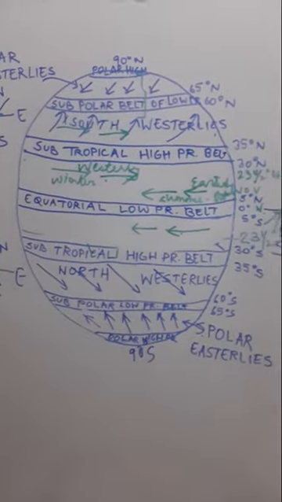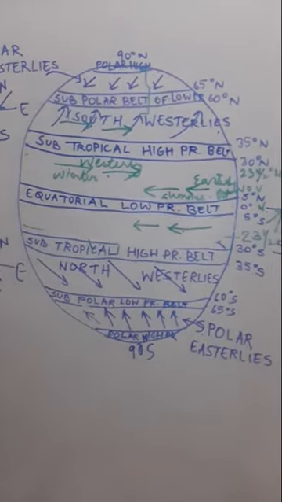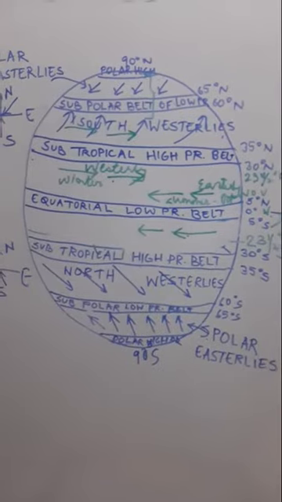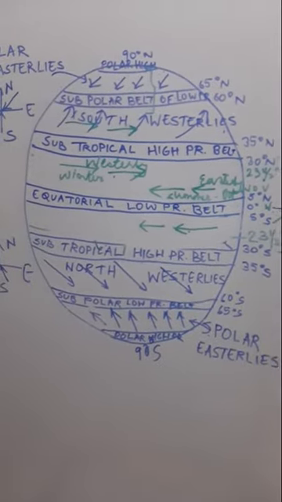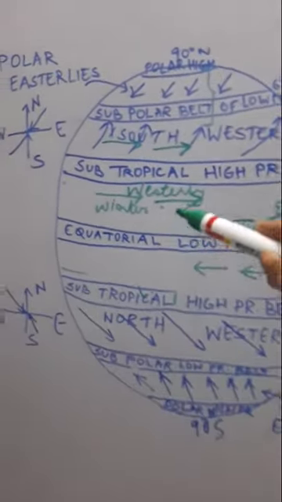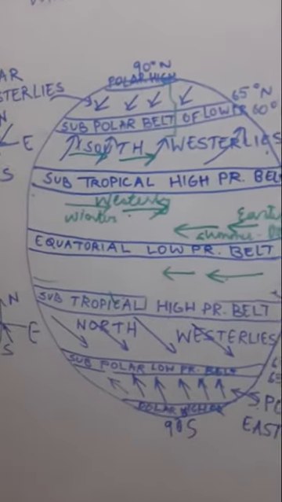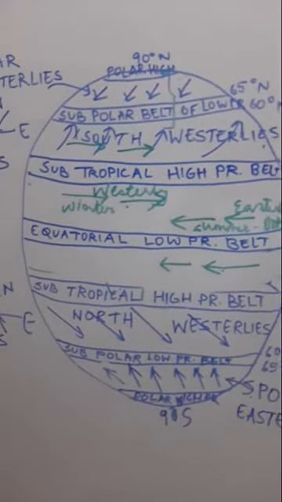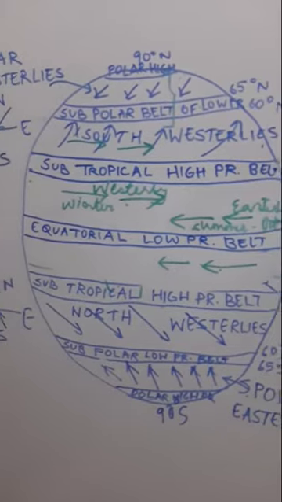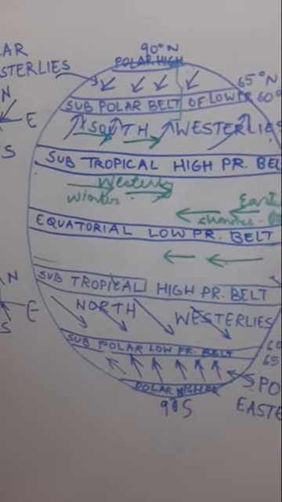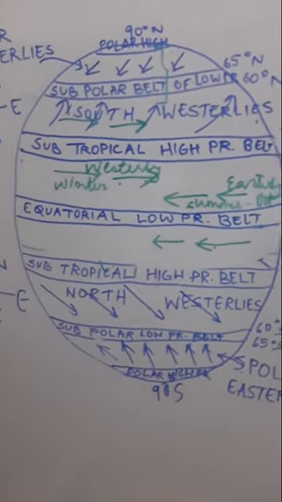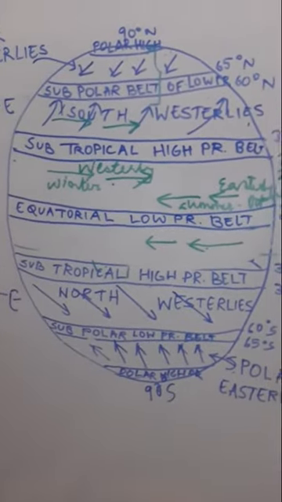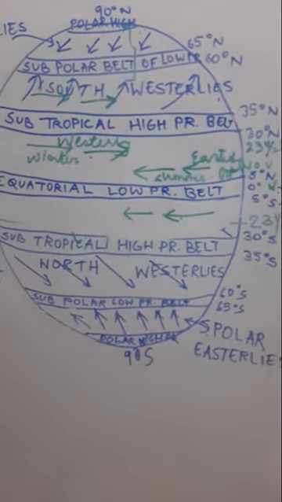So cyclones developing in the Mediterranean Sea cannot come up to India if they are not pushed by the westerly jet stream, because the Mediterranean Sea is far away and they will have to cross several countries. The cyclone developing in the Mediterranean Sea will have to cross several countries to come to India.